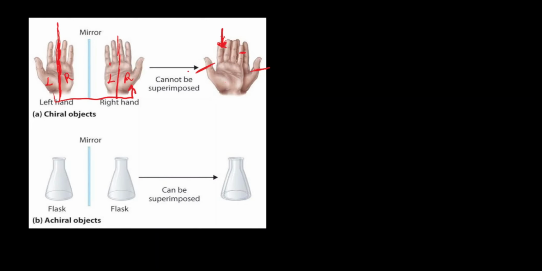with the right. However, let's take a look at this flask that we have here. If we divide the flask into two equal halves, notice that the left side of the flask is identical with the right side of the flask.